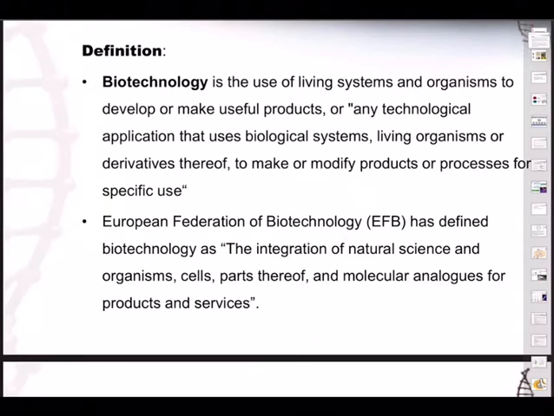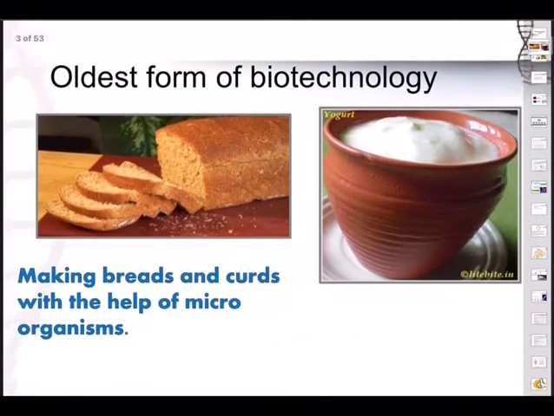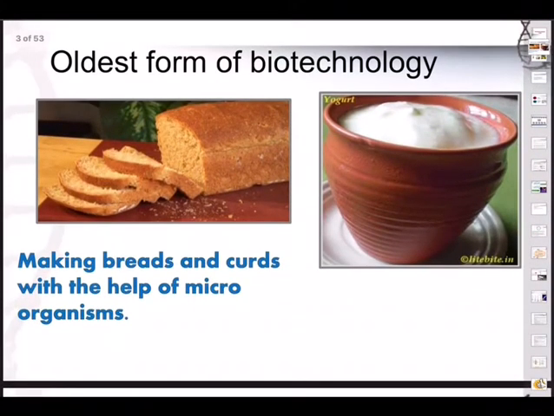Any technological application that uses biological systems, living organisms or derivatives thereof to make or modify products or processes for specific use. This is the definition of biotechnology. And the European Federation of Biotechnology, we say EFB, has defined biotechnology as the integration of natural science and organisms, cells, parts thereof, and molecular analogues for products and services.